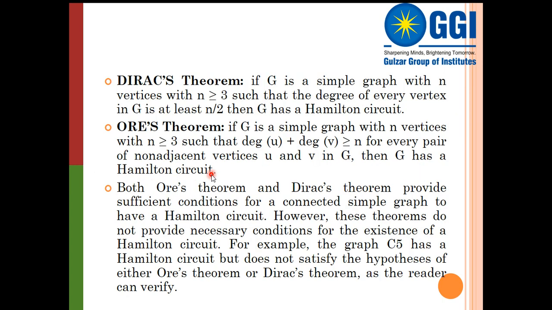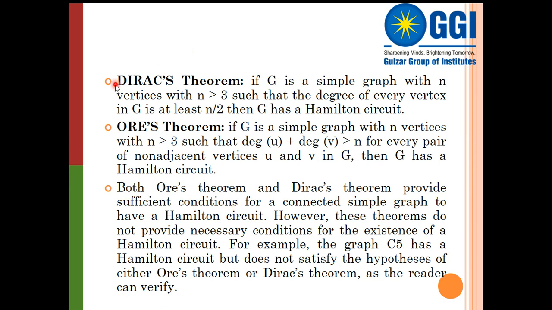There are two theorems which can help us check whether a particular graph has a Hamilton path or Hamilton circuit. But both these theorems are sufficient conditions only for the existence of the Hamilton path or Hamilton circuit.